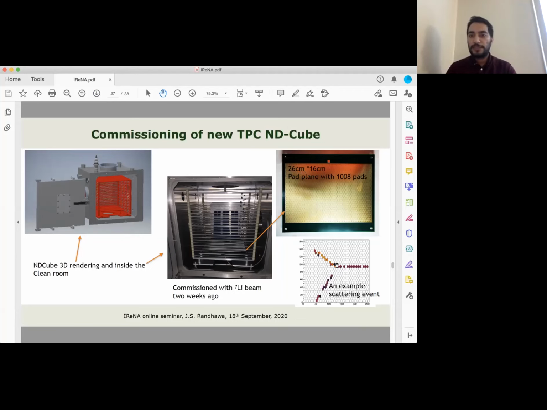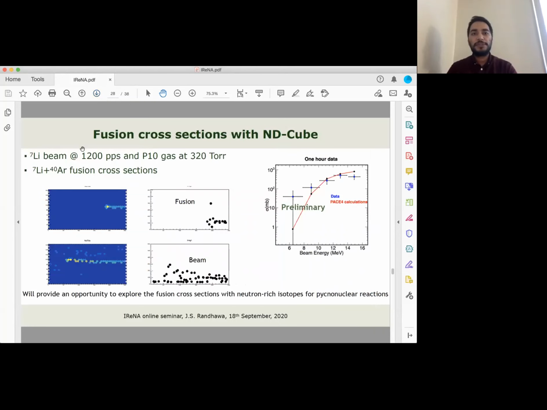And this is one of the example scattering events that we see from the lithium plus helium scattering we commissioned with a lithium beam and helium CO2 gas. We also commissioned with the lithium beam on argon as a P10 gas. We have a lithium beam of around 1200 particles per second.